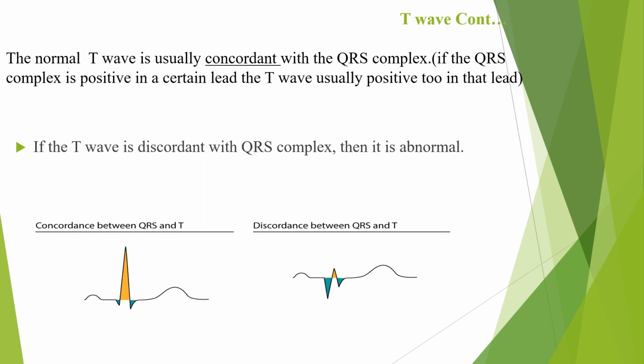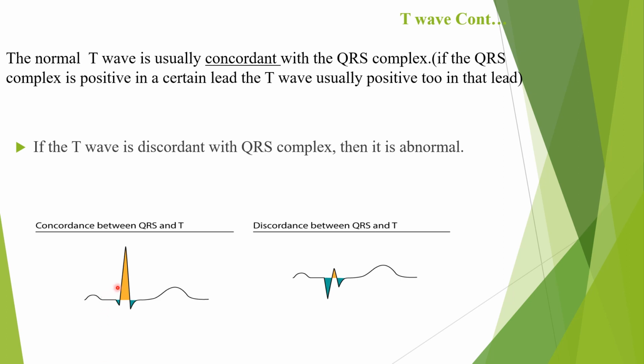The normal T wave is usually concordant with the QRS complex. It means if the QRS complex is positive in a certain lead, the T wave is usually positive too. If the T wave is discordant with the QRS complex, then it is abnormal.